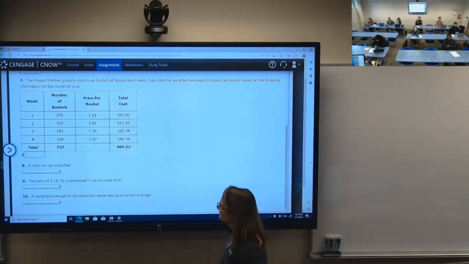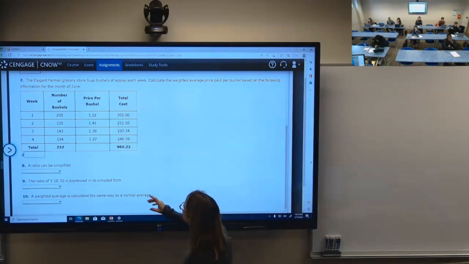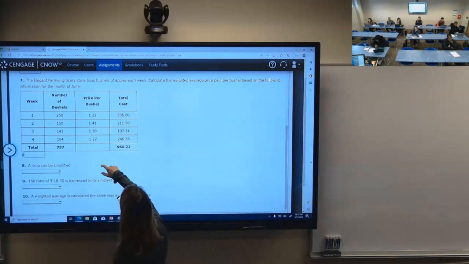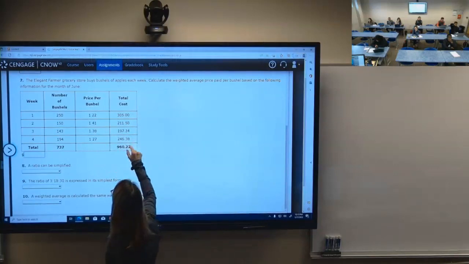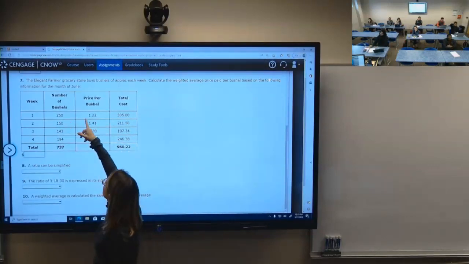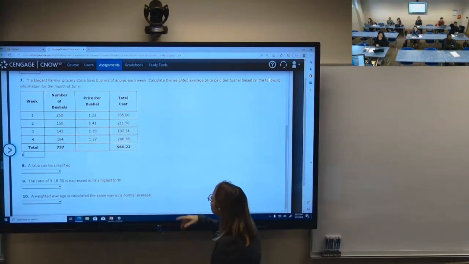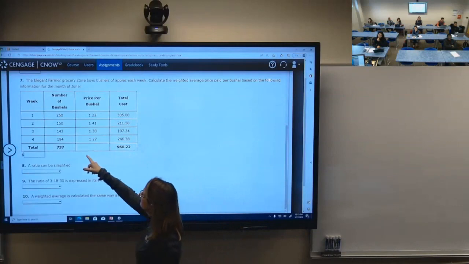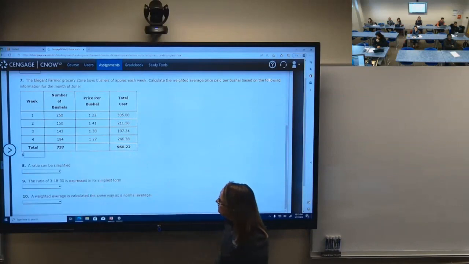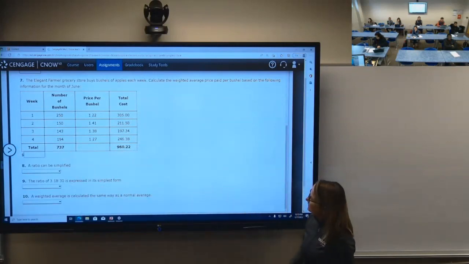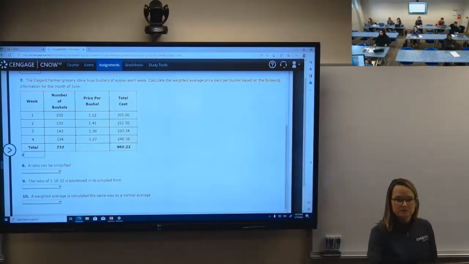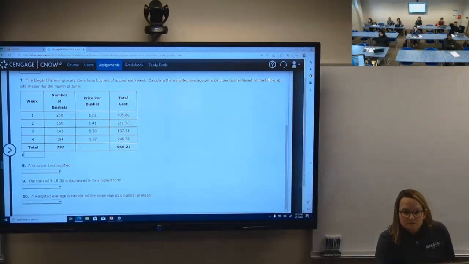So we've got our 4 weeks in the month of June, number of bushels purchased, price per bushel, and then the total cost, and this of course would be 250 bushels multiplied by 1.22, so the total cost there 305, and then we've got our total plus our number of bushels.